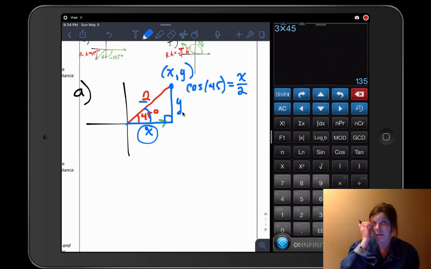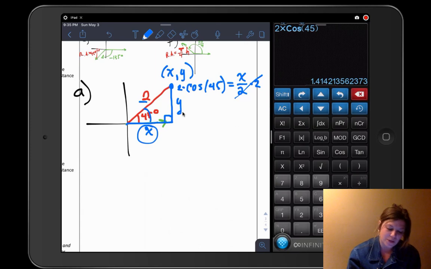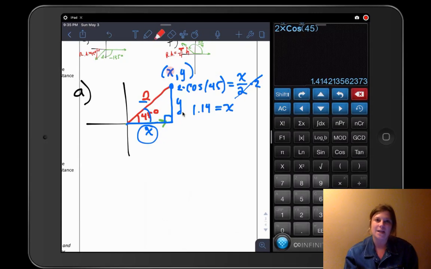Now, you're not going to really have to do this over and over again. You'll start to see a pattern, and you can just kind of skip over the actual solving part, but multiply by 2 on both sides to get x alone. And we see that 2 times cosine of 45 is equal to 1.41, and that's equal to x. And so that would be our x coordinate here. And we will rewrite that at the end.